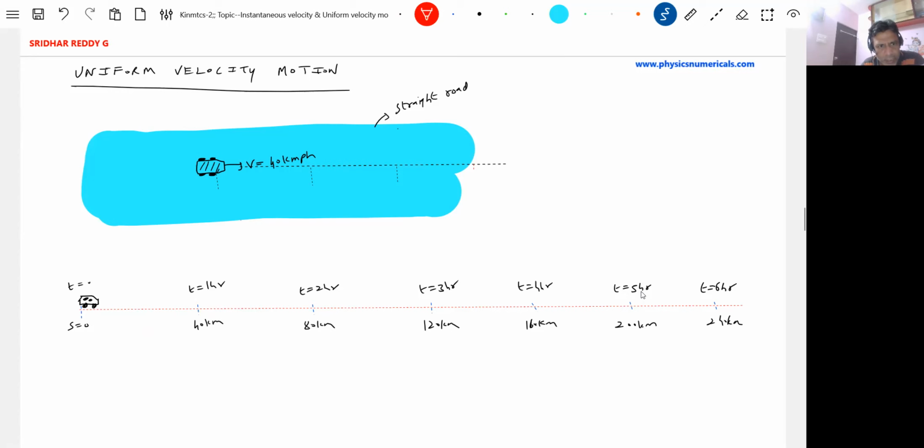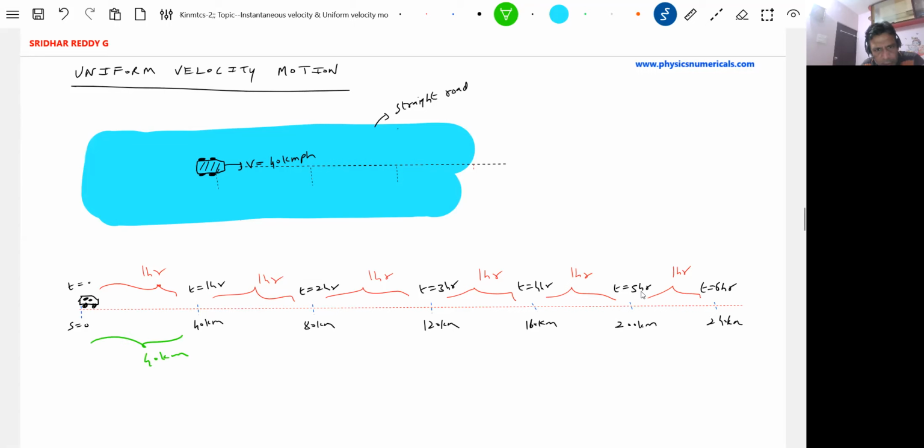So here the time is how much? 1 hour, 1 hour, 1 hour. How much distance will it move? 40 kilometers. Next 40 kilometers. Next 40 kilometers.